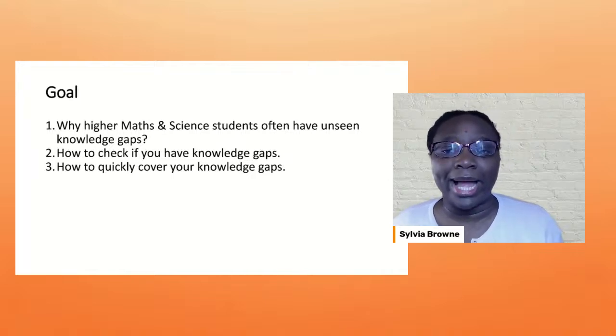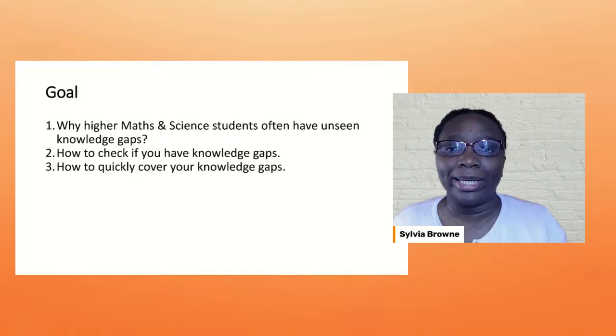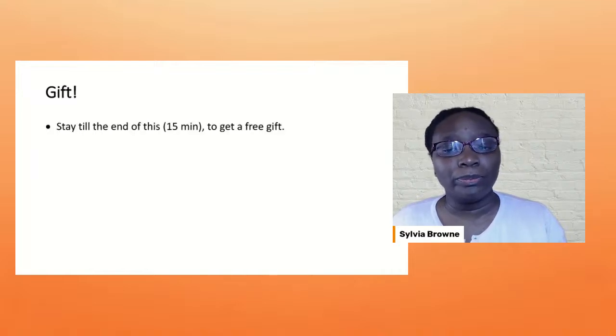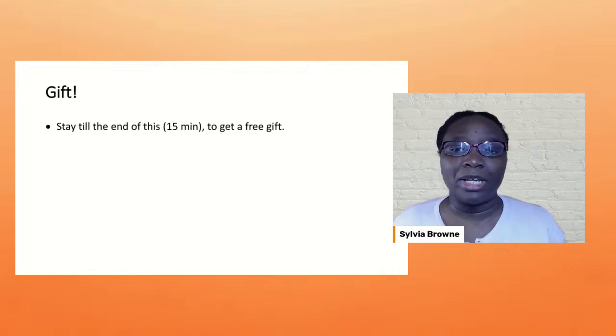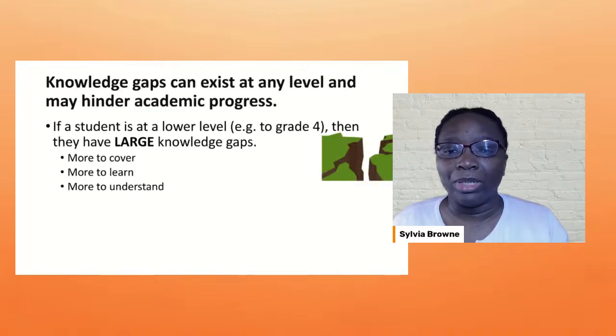And then we're going to look at how we can quickly cover those knowledge gaps. So what are the things that we can do to quickly cover those knowledge gaps? As usual, if you stay till the end, this will take about 10 to 15 minutes. There is going to be a free gift for you that is going to help you implement everything that we talk about today. So let's dive in.